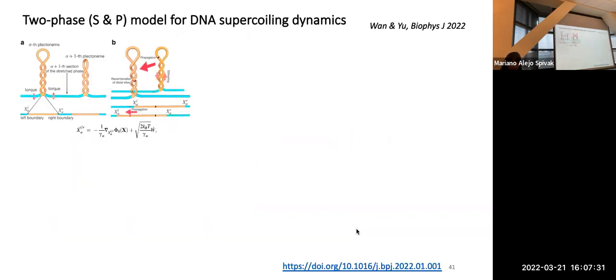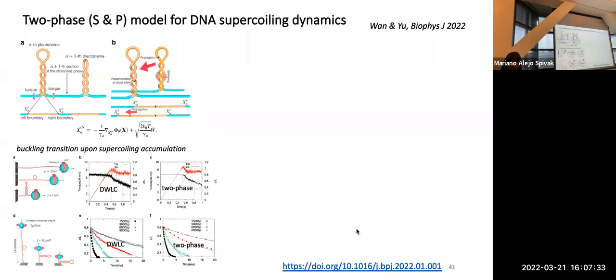So now it is this two-phase dynamics. With this, we coarse-grain the DNA into one plectonemic phase and the other the stretch phase. Then either we run a polymer model or we run two-phase dynamics, and we can always reproduce the polymer model. So our two-phase model, even coarse-grained, can reproduce a polymer model.